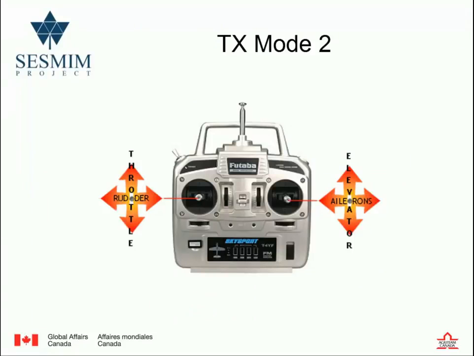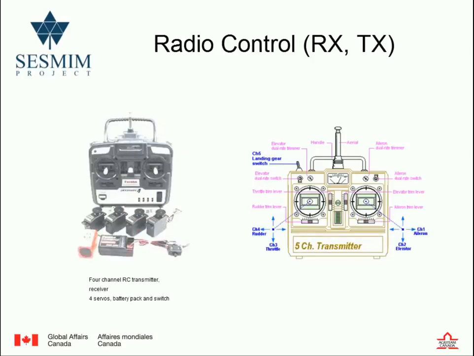All right, this is a typical TX radio controller. Again, mode 2 covers what we call the throttle, rudder, elevation, and ailerons if you were flying a fixed wing. So this is a typical different unit.